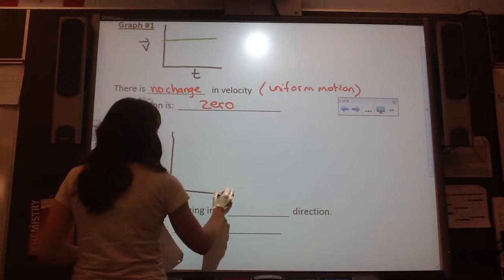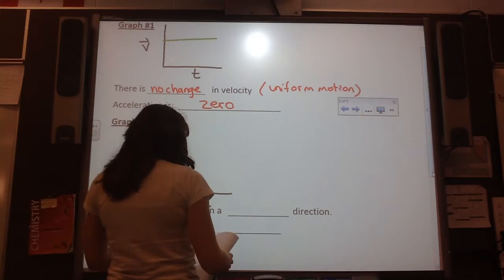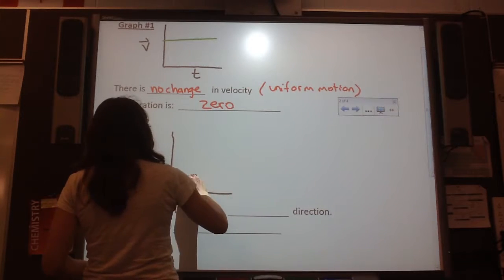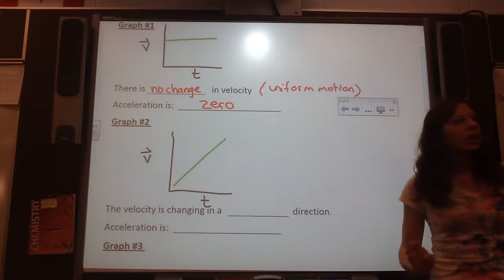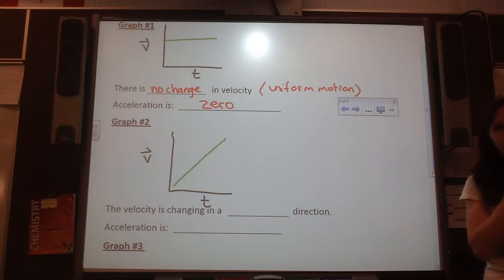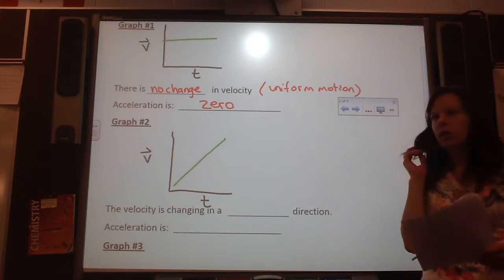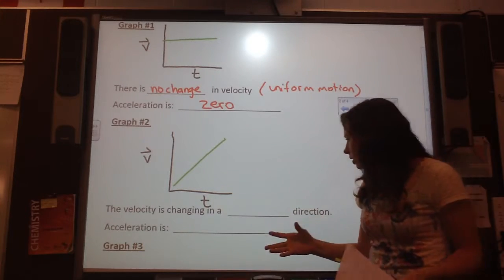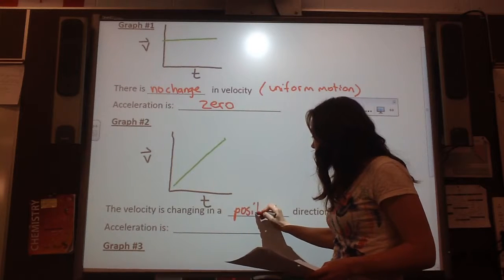Again, let's do a v-t graph. What if this time a v-t graph is increasing like that? What's happening to the velocity of my object? It is increasing, yes. And it's changing in a positive direction.